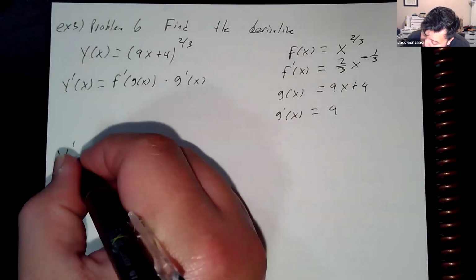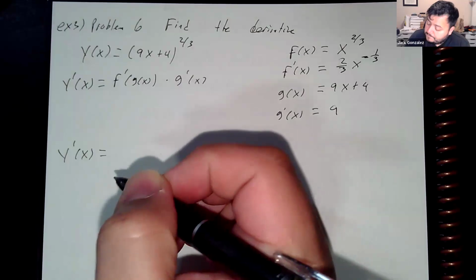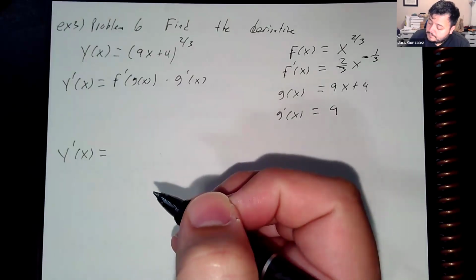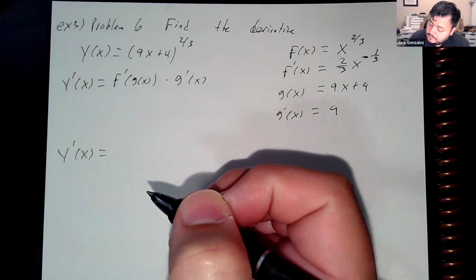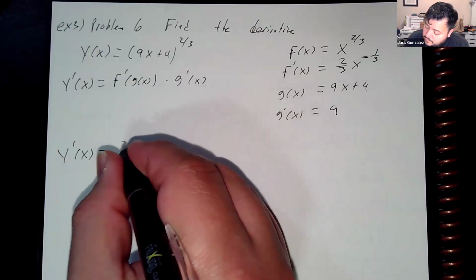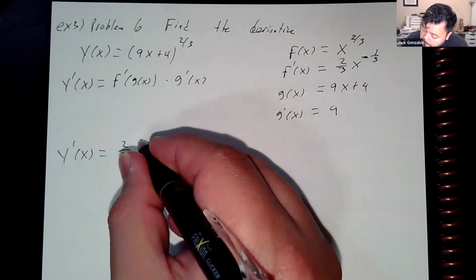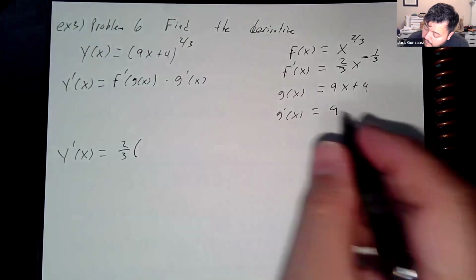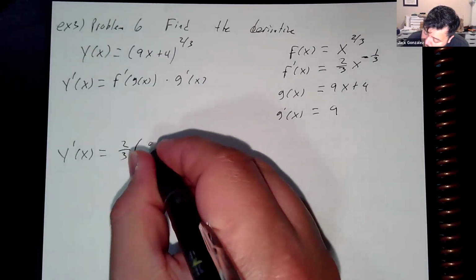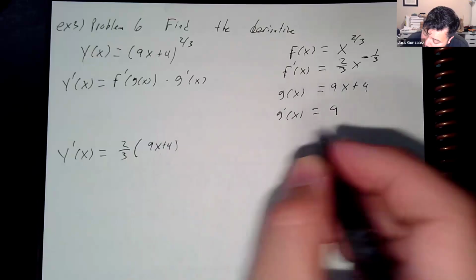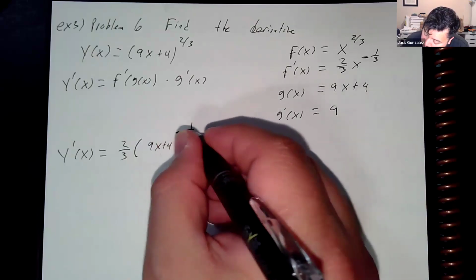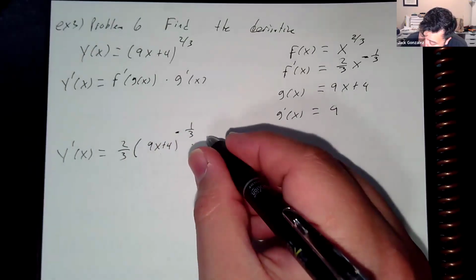So y prime will be 2/3 of g to the negative third times the g prime.